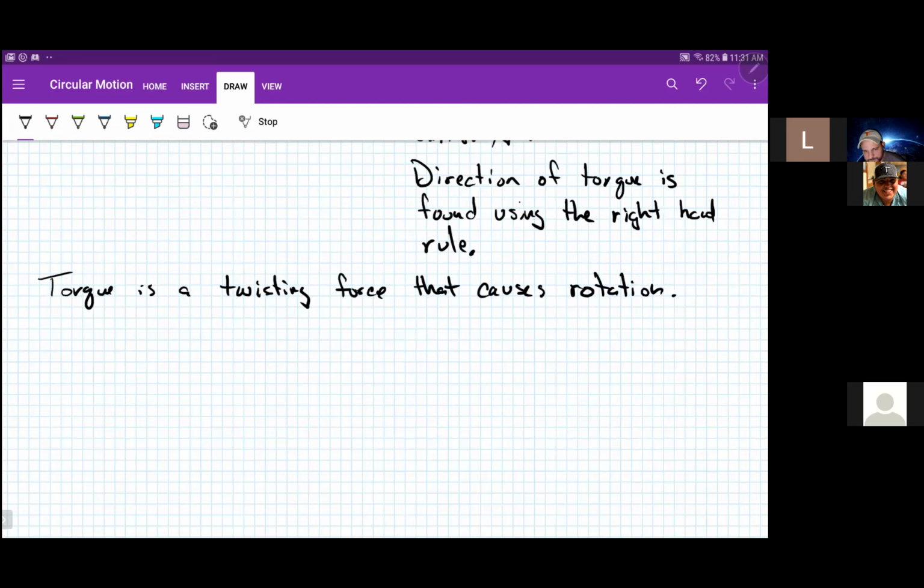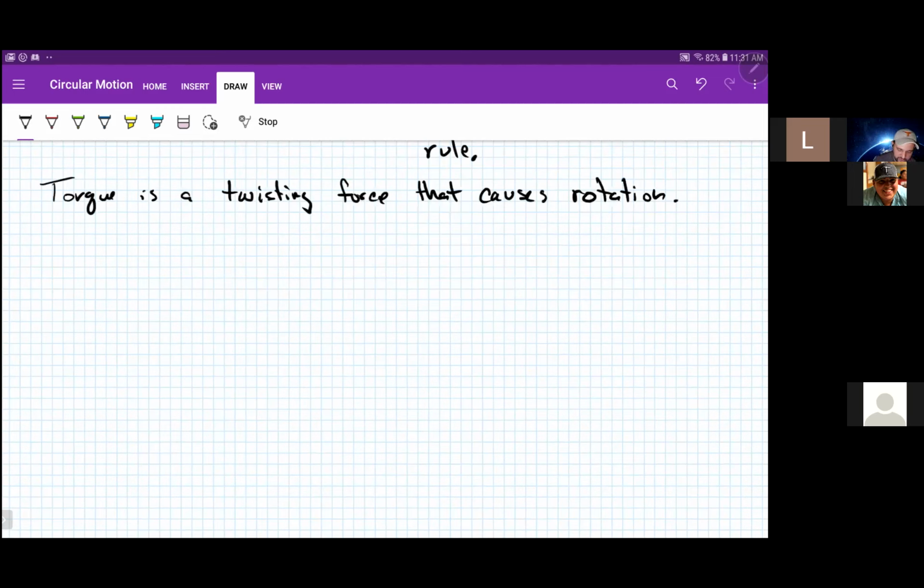That's all it is. It makes something rotate. It's a force acting at some distance from the center of rotation that makes it rotate.